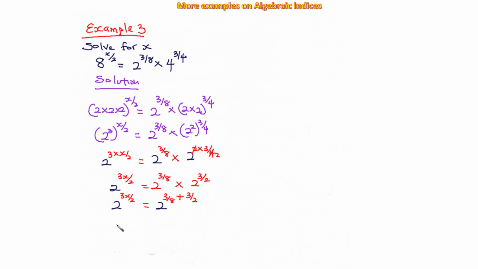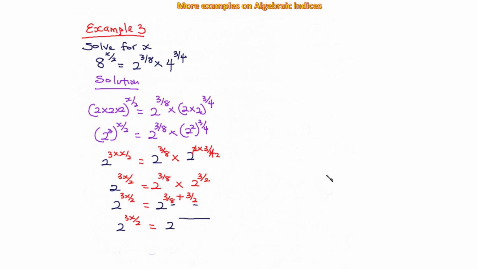Now, you have your 2 raised to power 3x over 2 is equal to 2 raised to power. Now you find this is fractions. You are still going to see a video on fractions, so that will explain fractions better, because in mathematics everything links together. Now you find the LCM of 8 and 2.